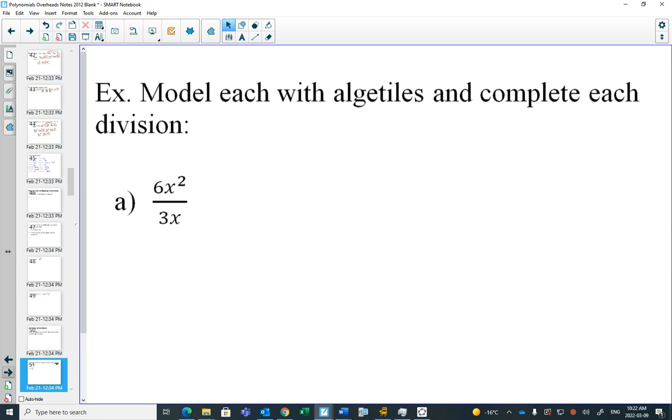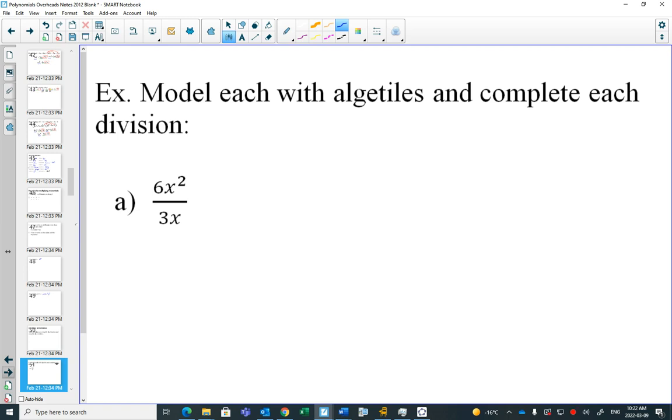So dividing monomials is like, and we can put this with algetiles. We're not going to use algetiles a lot. Dividing is the opposite of multiplying.